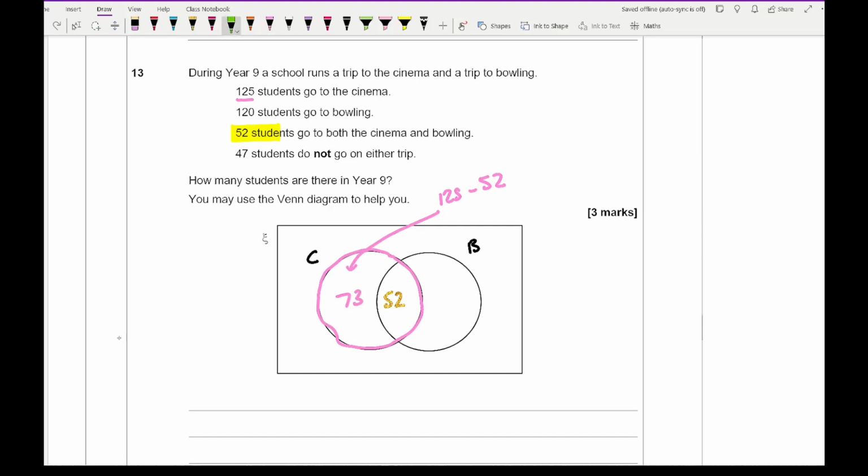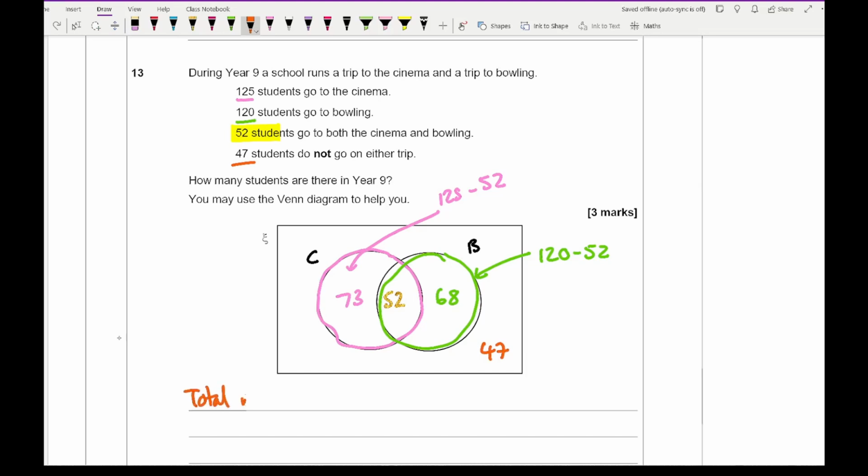Then moving on to bowling, we know that all the numbers in the circle need to add up to 120. So this number here is going to be 120 minus 52, which gives me an answer of 68. We also know that 47 do not go on the trip. So now I've completed my Venn diagram.